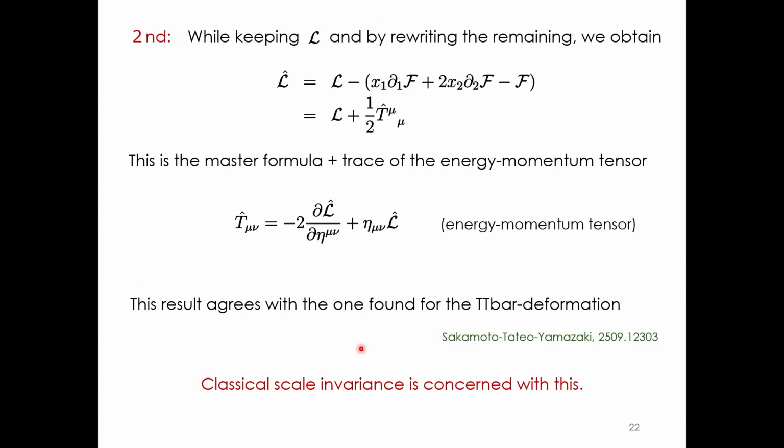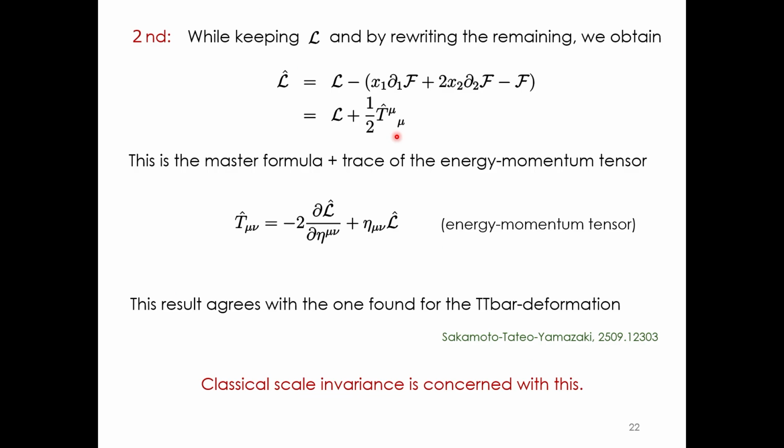As for the form, we may keep the original Chern-Simons action, I mean the master formula Lagrangian part. Then we can rewrite the additional piece somehow. So this is the result. The L hat may be seen as the original master formula Lagrangian plus the trace of the energy momentum tensor.